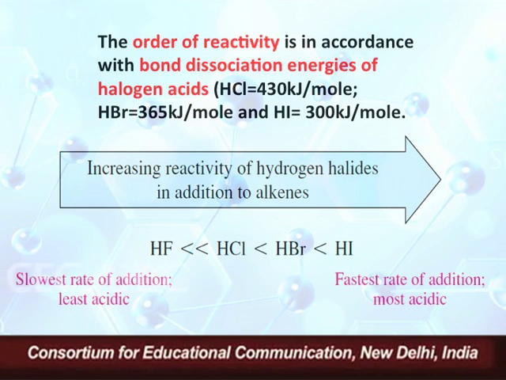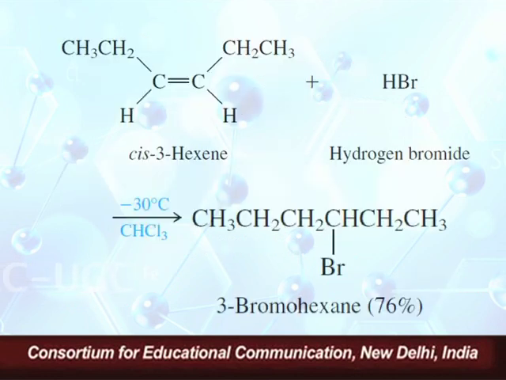Hence, HI is the most reactive halogen acid when we talk of electrophilic addition reactions, since H plus is a strong electrophile. Here I have shown a simple reaction of HBr to a symmetrical alkene.